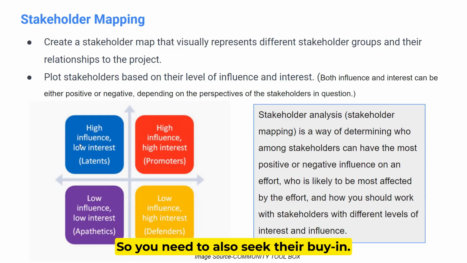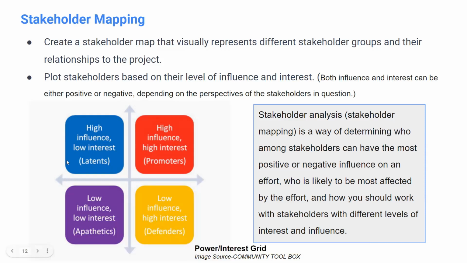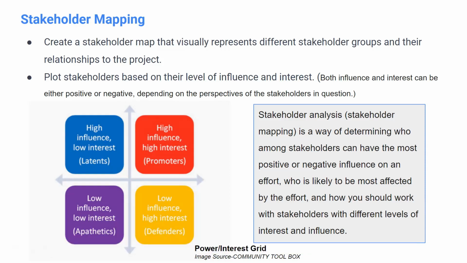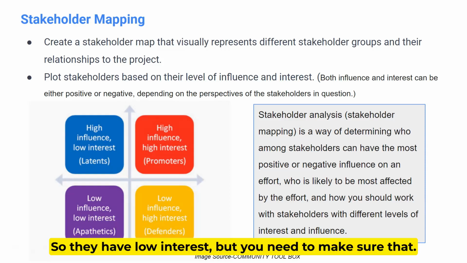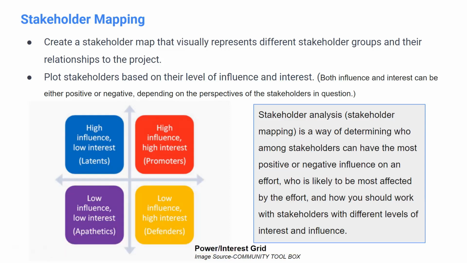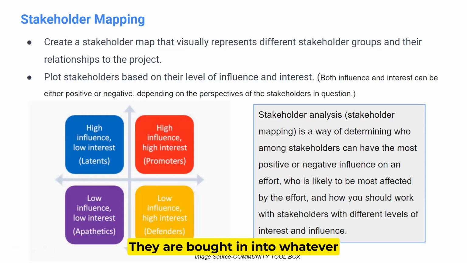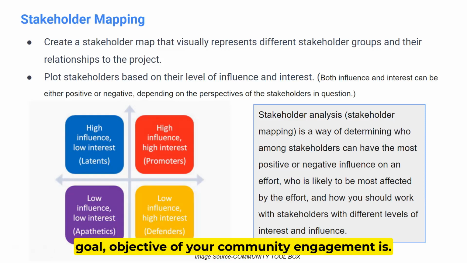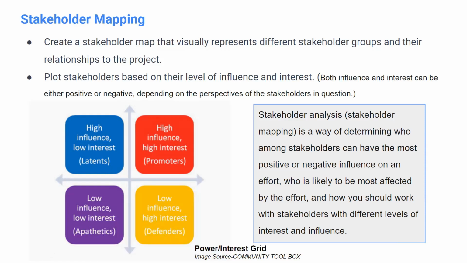So you need to also seek their buy-in. You need to think of ways to convert their negative interest to positive interest if they have negative interest. So they have low interest, but you need to make sure that you buy them in, that they are bought into whatever goal or objective of your community engagement is.